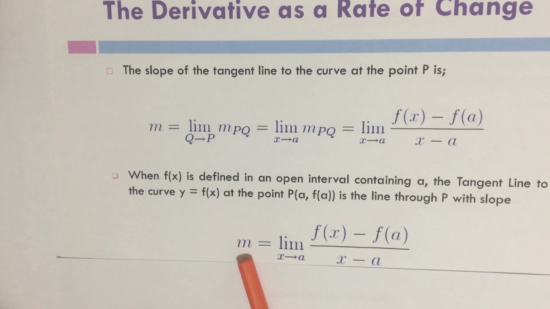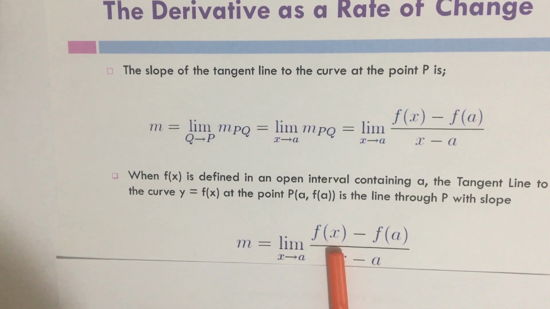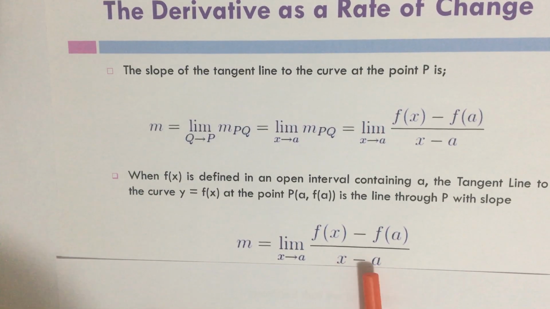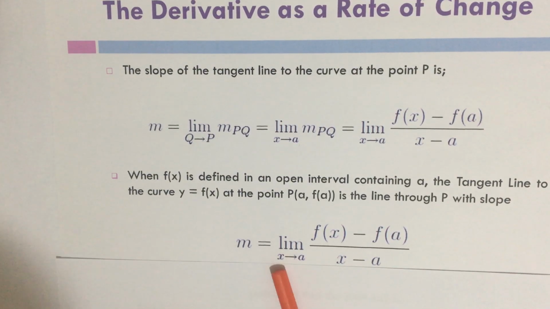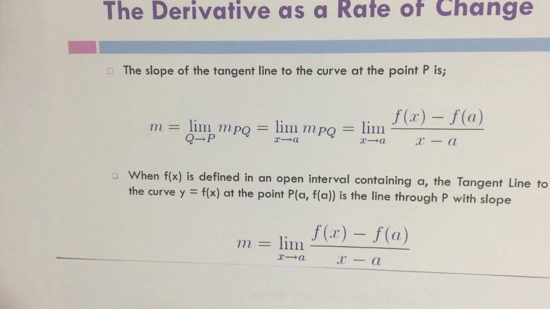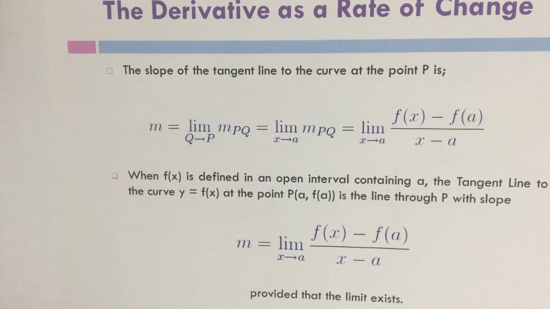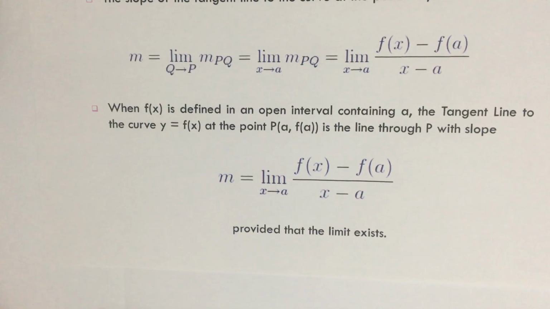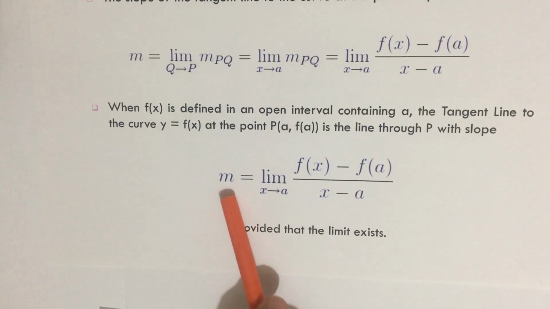That slope is equal to the limit of f of x minus f of a divided by x minus a as x approaches a. The condition here, class, is that the limit exists. If the limit exists, then we have this slope.